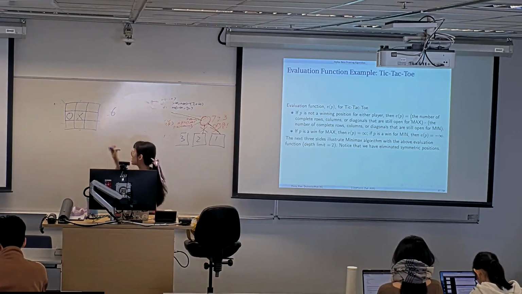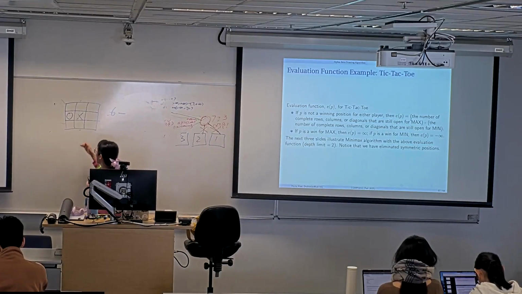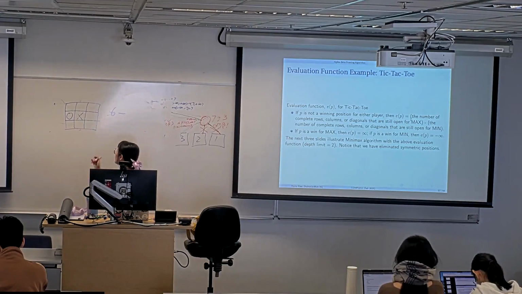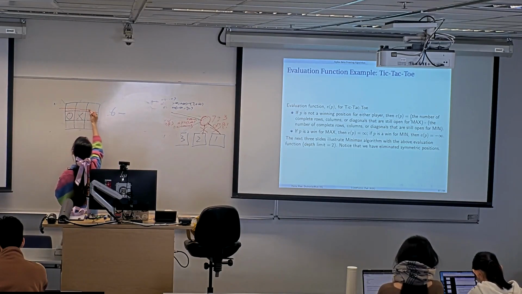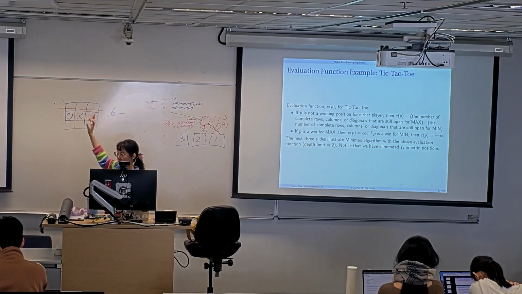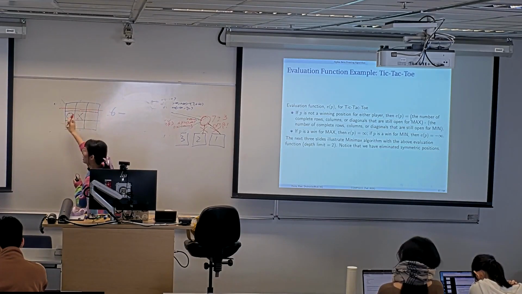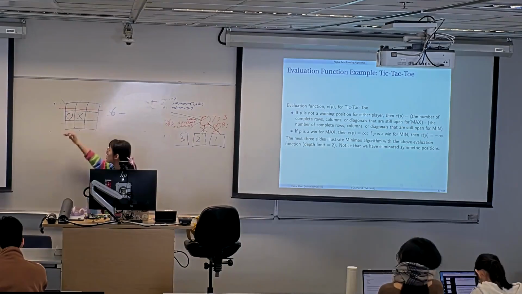And now we need to subtract the number of lines that are still open for the opponent. Opponent, the min player, the nodes. So let's count how many lines there are. The first row is still open for the nodes, right? No one has occupied that. The second row is not open. The third row is open for the nodes.